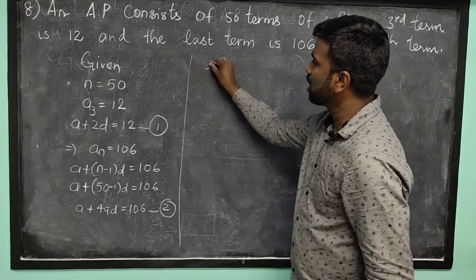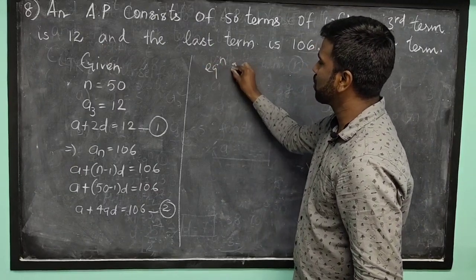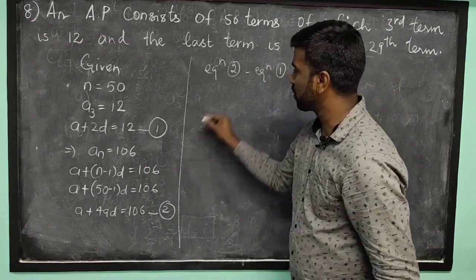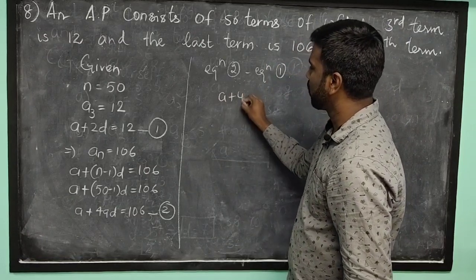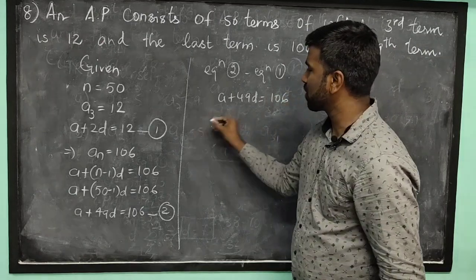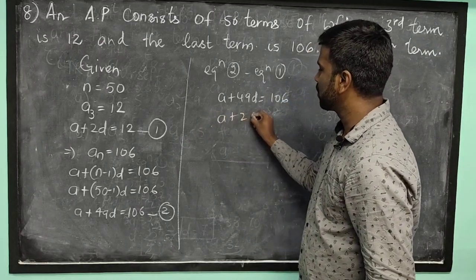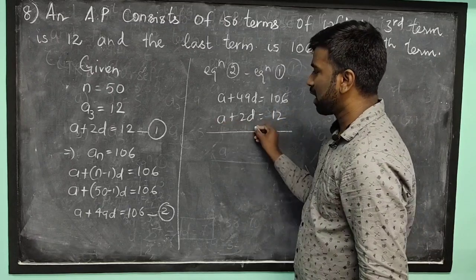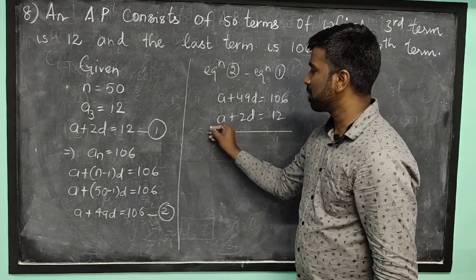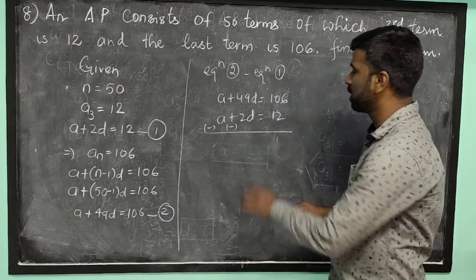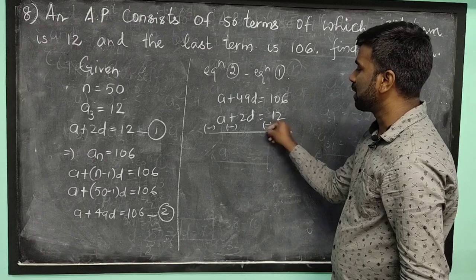Students, now equation 2 minus equation 1. Equation 2 is A plus 49D equals 106. Equation 1 is A plus 2D equals 12. Now in the subtrahend, all the signs will be changed. Plus A becomes minus A, plus 2D becomes minus 2D, plus 12 becomes minus 12.